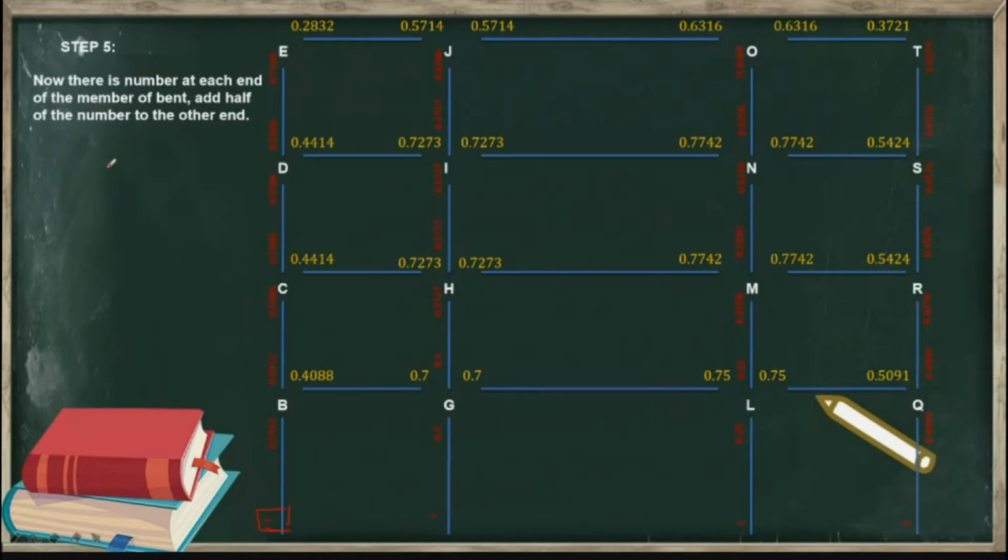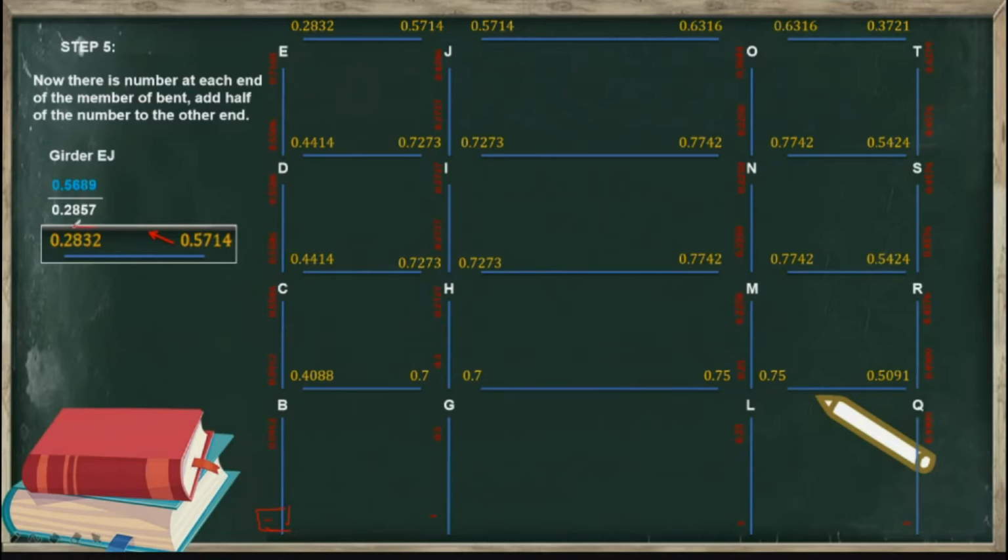So, next step is, now there is a number at each end of the member of bent, add half of the number to the other end. So, let's say, sa girder EJ tayo, so we have here ito, 0.2823, 0.5732 and 0.5714. Ang gagawin lang natin is, ang half nito, 0.5714, na ang kalahati niya is 0.2857, i-add lang natin si 0.2832. And ang magiging value niya is 0.5689.